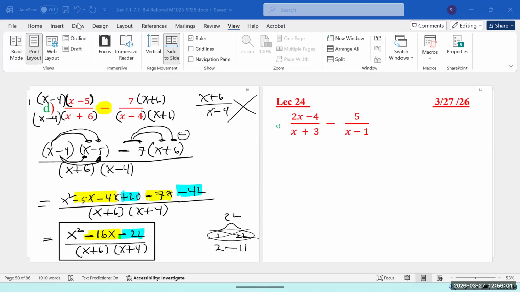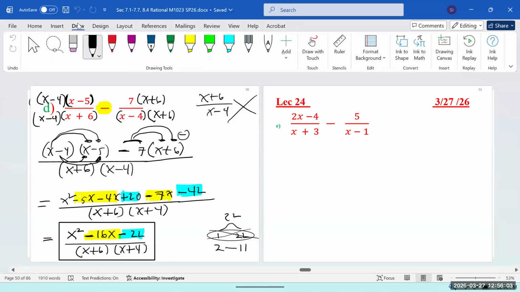So we start with finding the LCD. What is the LCD in this question? We have x plus 3 and x minus 1. What's the LCD between them? Can you divide x plus 3 by x minus 1? We cannot. So what's the LCD?